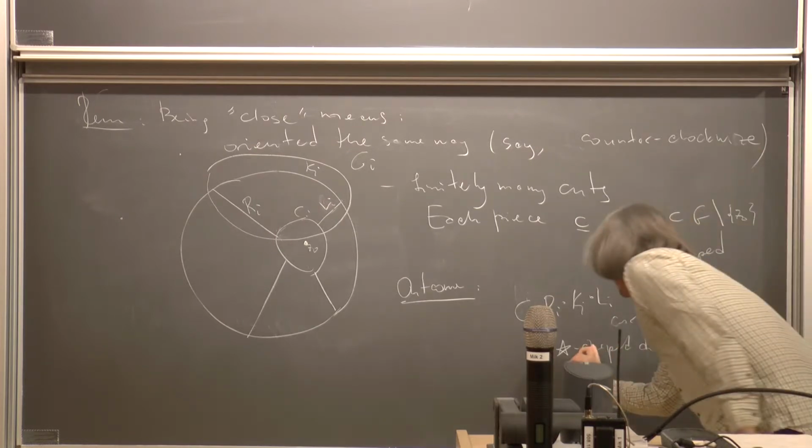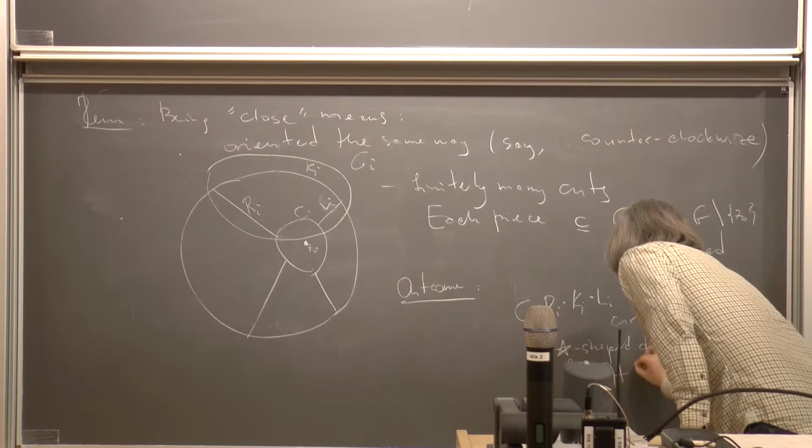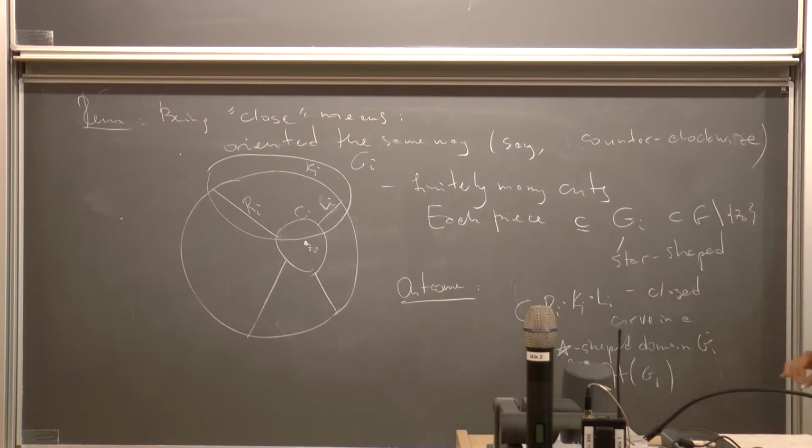And of course, my function f is holomorphic in Gi, because Gi is in the part where f is holomorphic.